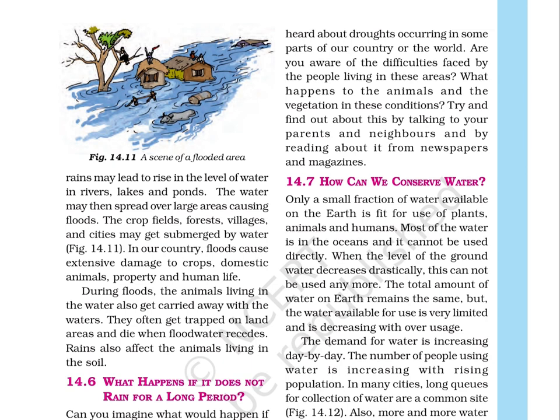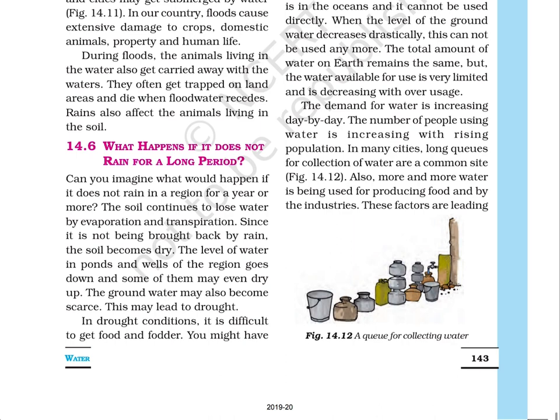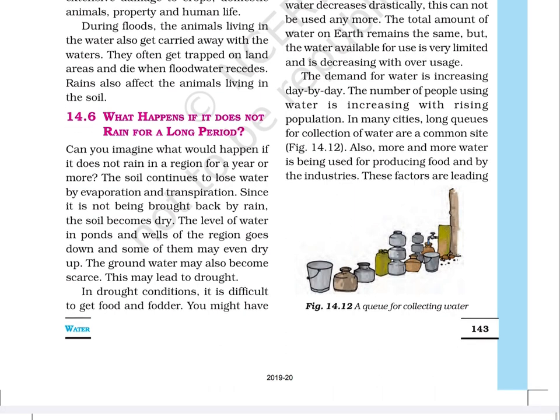The total amount of water on earth remains the same, but the water available for use is very limited and is decreasing with overusage. The demand for water is increasing day by day. The number of people using water is increasing with rising population. In many cities, long queues for collection of water are a common sight.